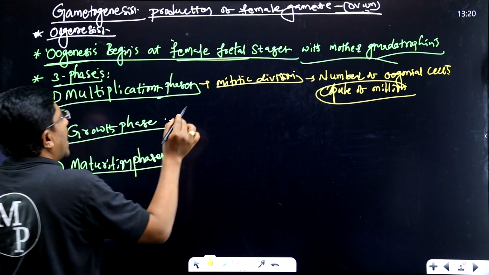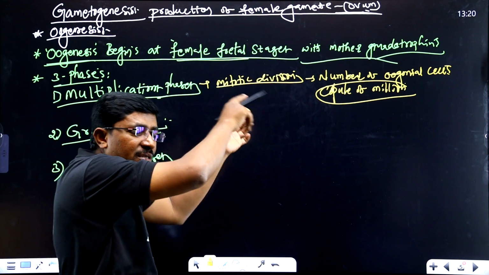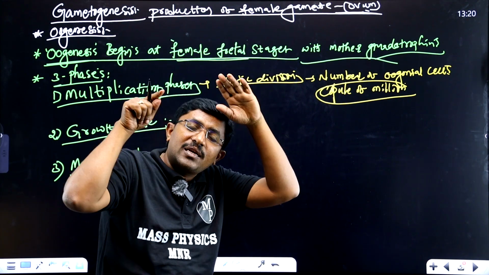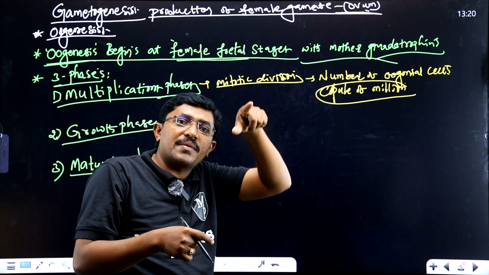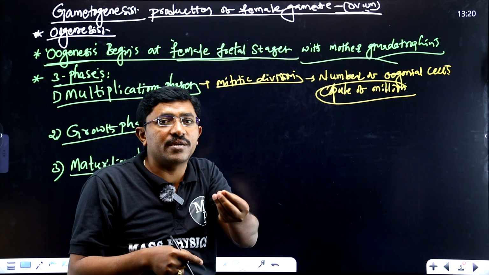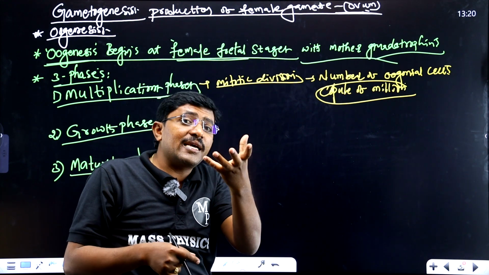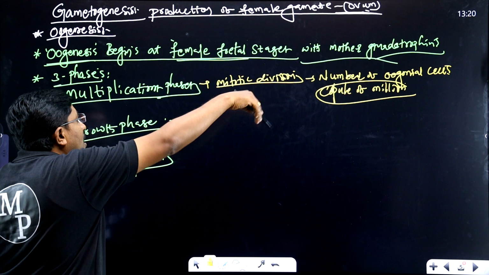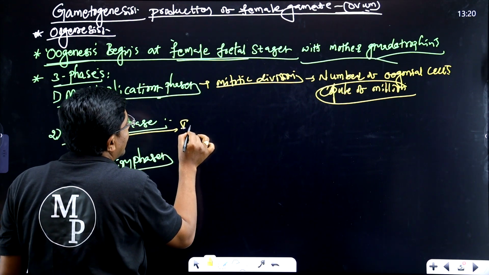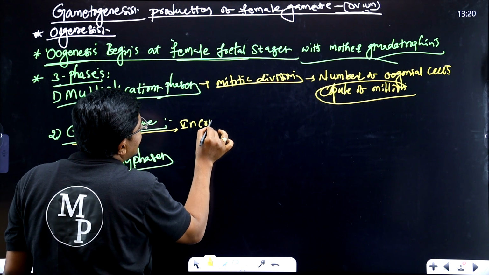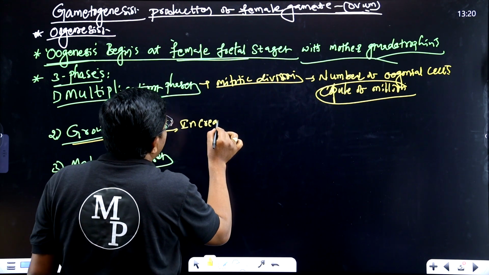By the repeated mitotic divisions, same as in spermatogenesis, the oogonial cell size is minimized. For increasing the size of the cell, these cells enter into the growth phase. In this growth phase, what happens?